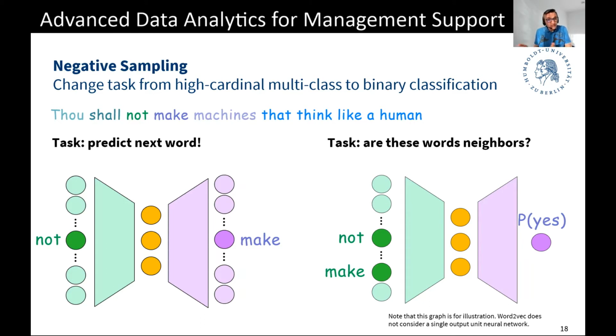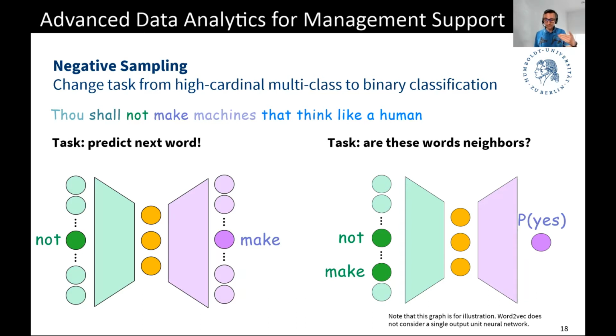And this is what we needed because it's exactly the right architecture to solve this artificial prediction task that word2vec is focusing on, where you predict a target word occurring given a context, or where you predict context words occurring given a target word. And what you now do in negative sampling is, let's say we change this fake prediction task and instead consider a task where we want to predict whether two words are neighbors.